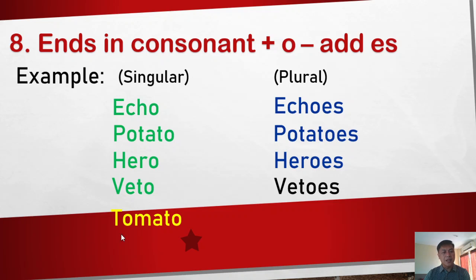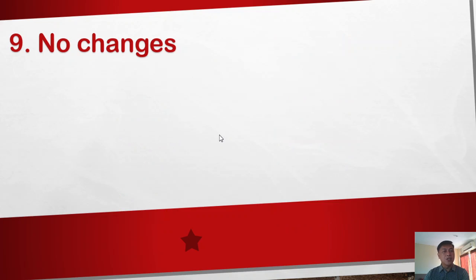The word ends with letter T and O, so the plural form becomes tomatoes. Tomato, tomatoes. Echo, echoes. Potato, potatoes. Hero, heroes. Veto, vetoes. Tomato, tomatoes.